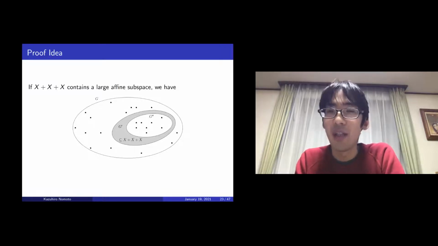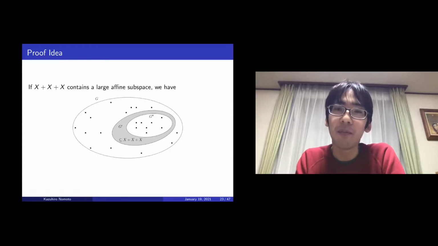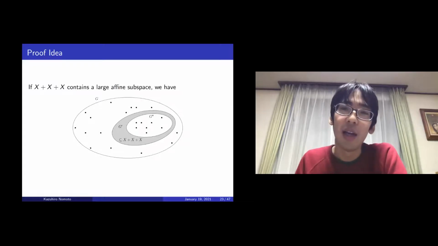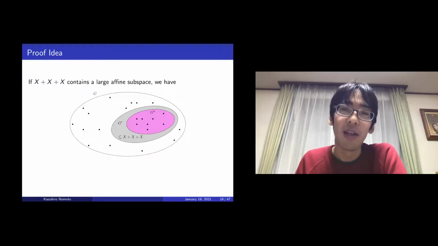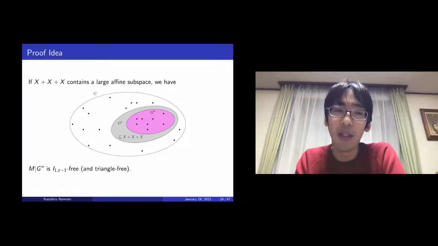So the shaded region in gray is all disjoint from E. And there's a hyperplane G double prime of G prime, which could contain all sorts of points from E. But the point is, G prime is large, and this pink region will have to be I1 T minus 1 free.